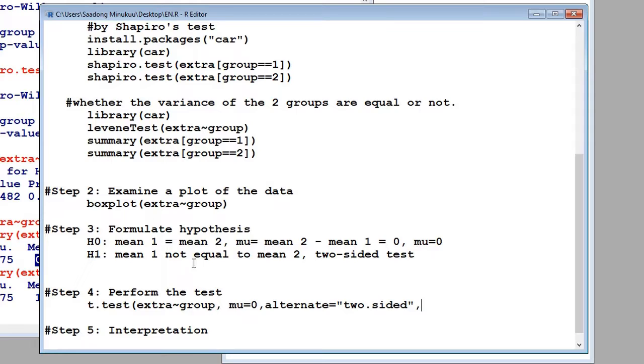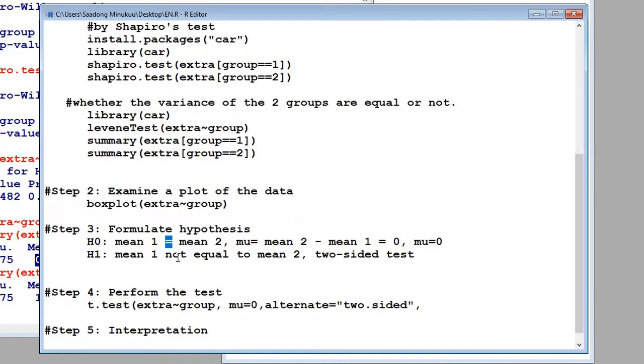Let's assume we had said mean 1 was less than or equal to mean 2. Then the alternative would have been that mean 1 is greater than mean 2.